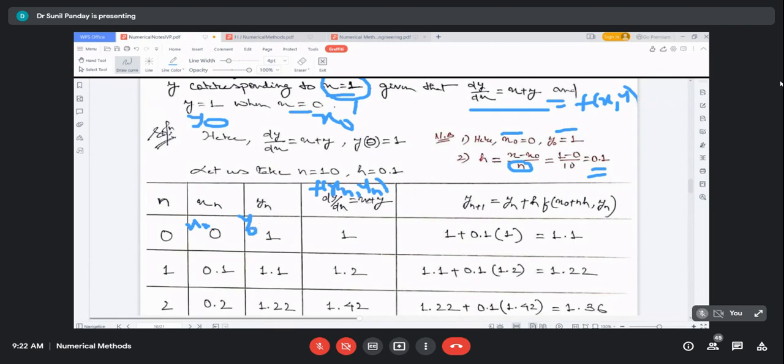Then we require f(x0, y0). So for f(x0, y0), you substitute x equals 0, y equals 1, and you get 1.